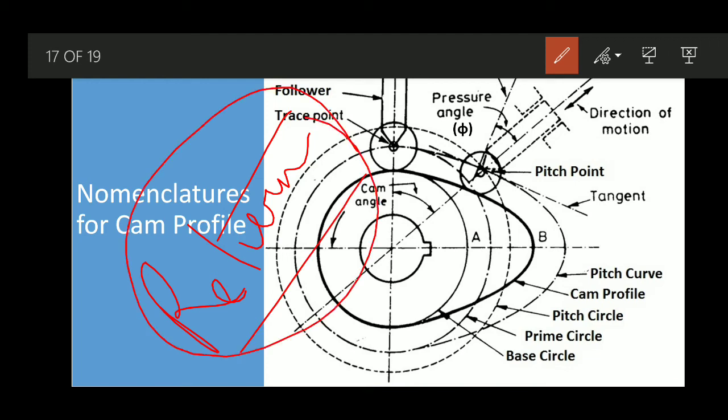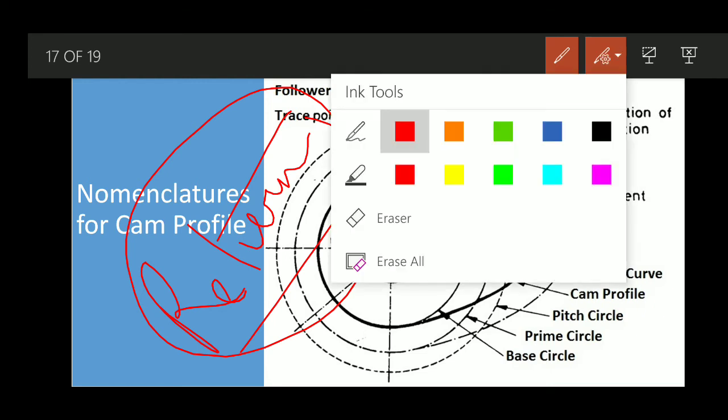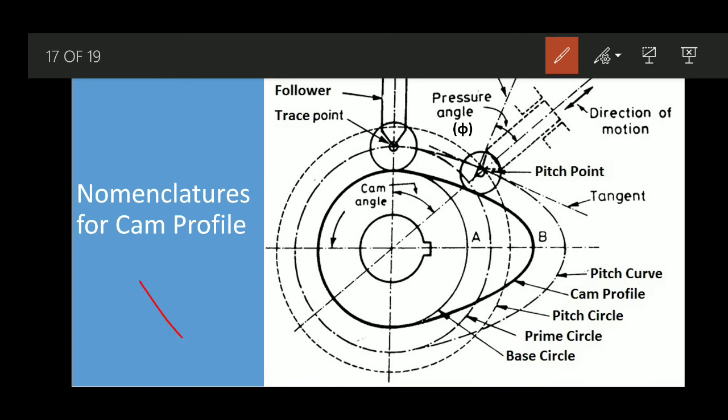In this position, the follower falls from the highest position to its lowest position. The total angle covered by the cam during its rotation between the beginning of the rise and the end of the return stroke is known as the angle of action.